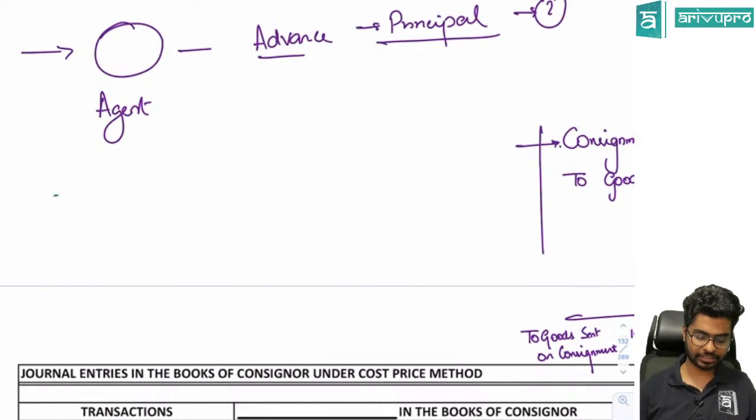What will be the journal entry? Cash to consignee. Perfect.